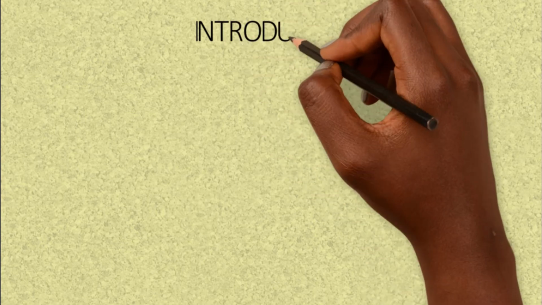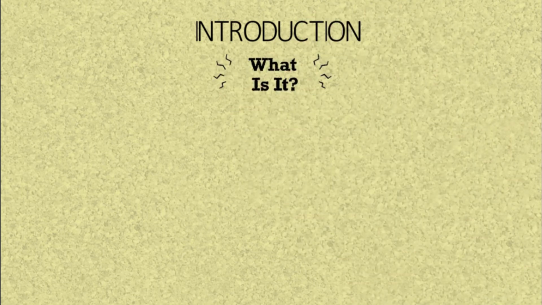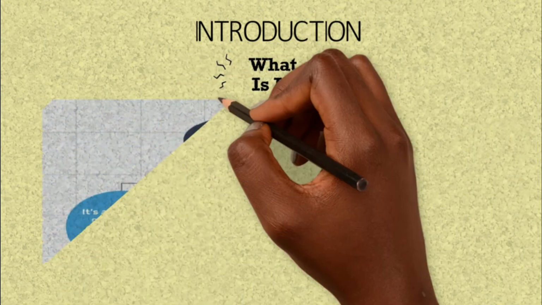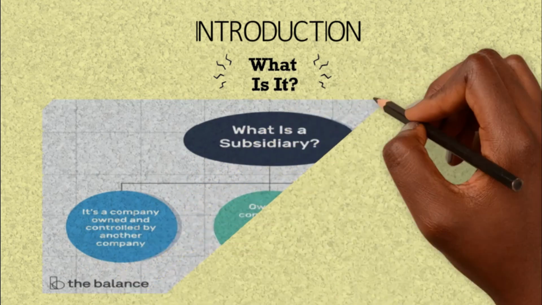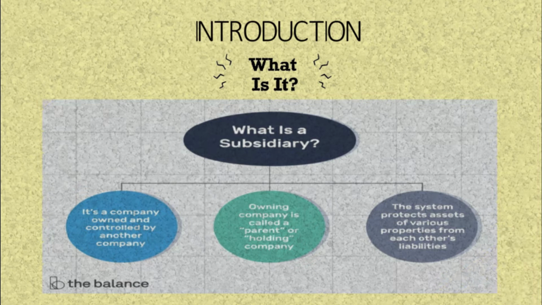The key question that may be coming to mind now is, what is a subsidiary? In simple terms, a subsidiary is a company owned and controlled by another company. The owning company is called the parent company or holding company, and the system protects assets of various properties from each other's liabilities.